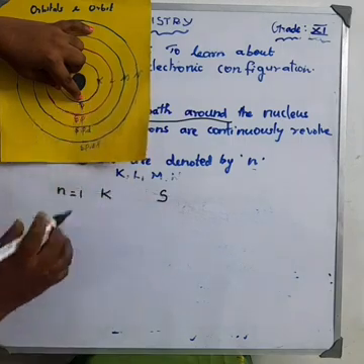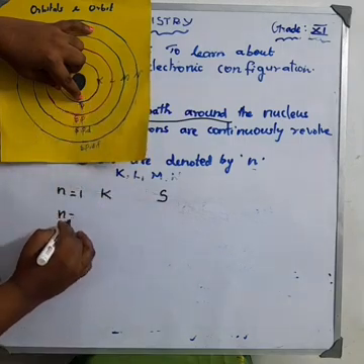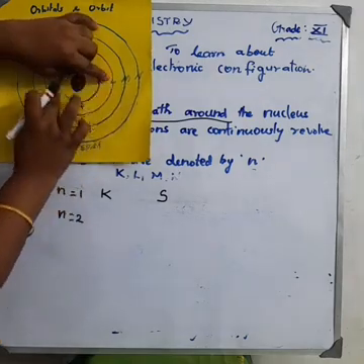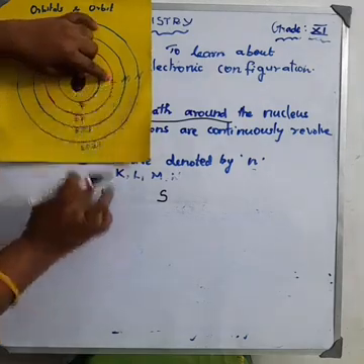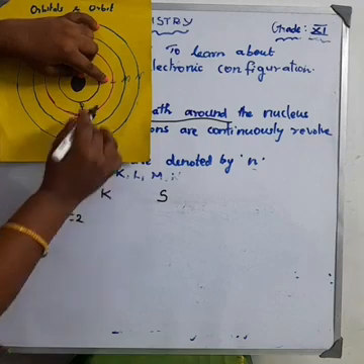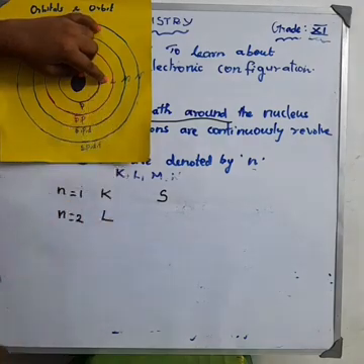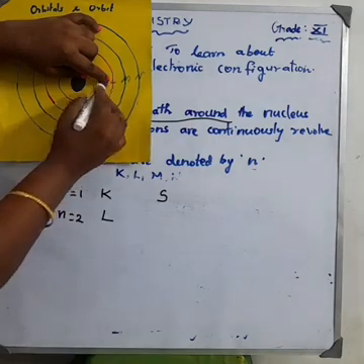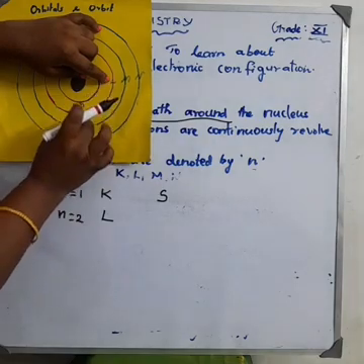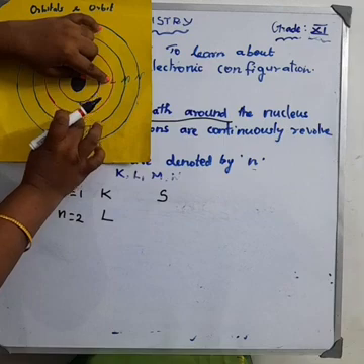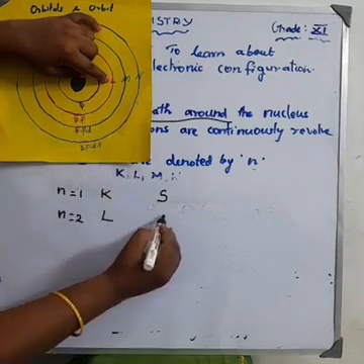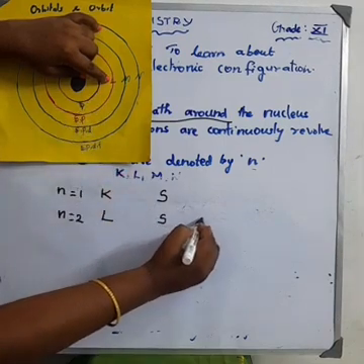And n is equal to 2 means second orbit. Second orbit means L. It consists of two subshells. What are they? S and P.